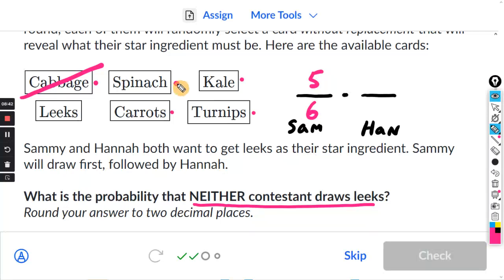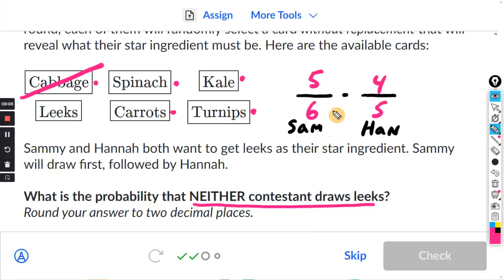Well, we just have 1, 2, 3, 4. And how many cards left do we have to draw from? Well, we have 5 cards left. So for Hannah, the probability that it's not leeks is going to be 4 out of 5. Notice the numerator decreased by 1 and the denominator decreased by 1.